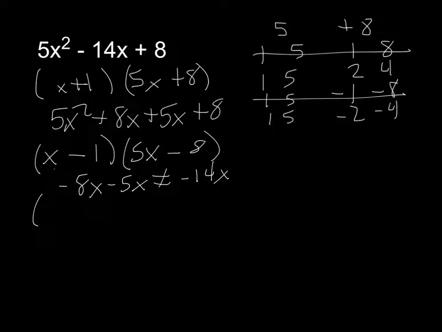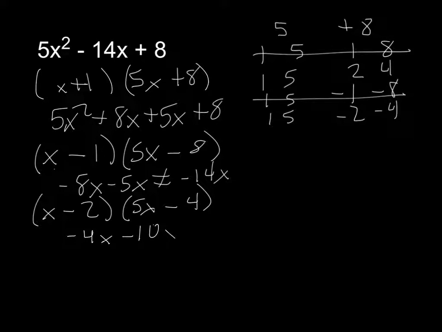The next one would be x minus 2 and 5x minus 4. Doing the outer, I would get negative 4x. Inner, I get negative 10x. And negative 4x minus 10x does indeed equal negative 14x.